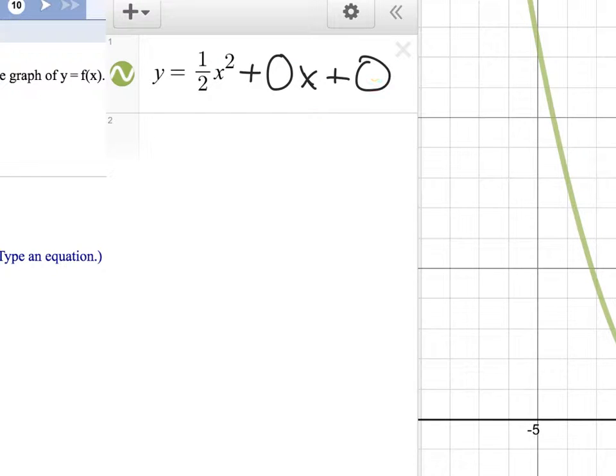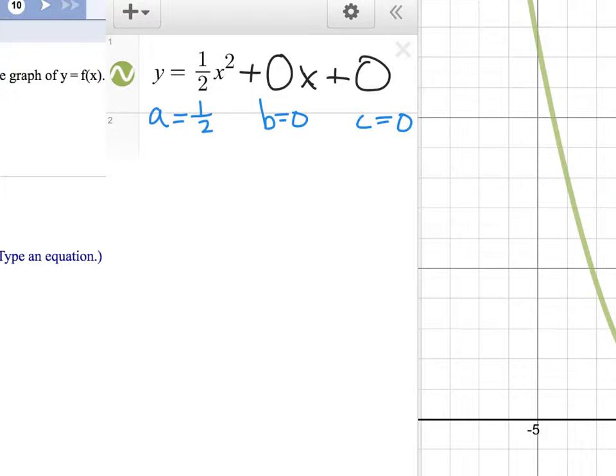It's always going to follow that pattern. In this case, our first something is a half, our second something is a 0, and our third something is a 0. So instead of using the phrase something, we're going to say A is 1/2, B is 0, and C is 0. So there's our somethings. We call them A, B, and C instead.